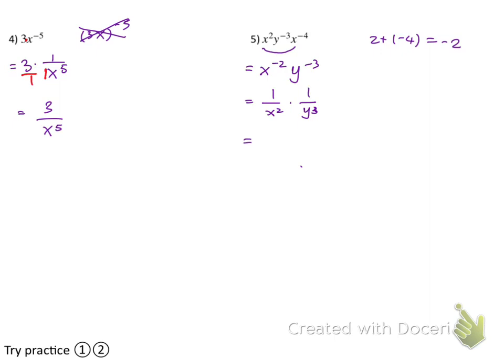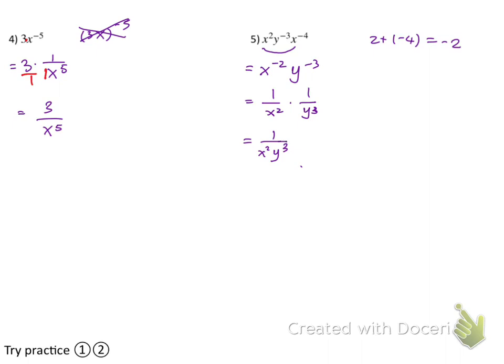I'm having a multiplication between two fractions, 1 over x squared and 1 over y to the third power. I multiply across. 1 times 1 gives me 1, and x squared times y third. Well, there are two powers with different bases. I cannot do anything between them. I will just keep it as x squared y third.